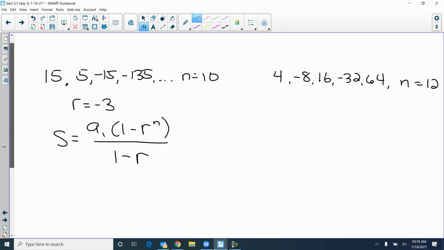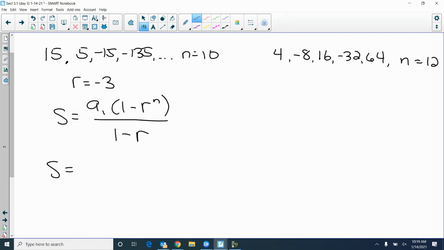So when you set this up, a sub 1 is 5. You got to think of this as 1 minus -3 to the 10th power all over 1 minus -3, which becomes +3.